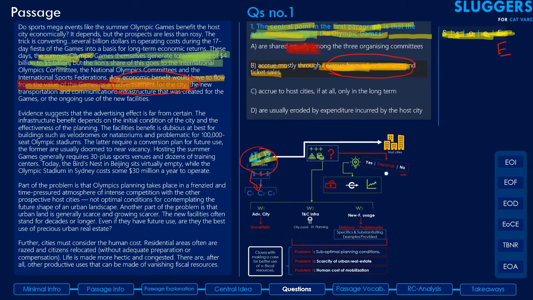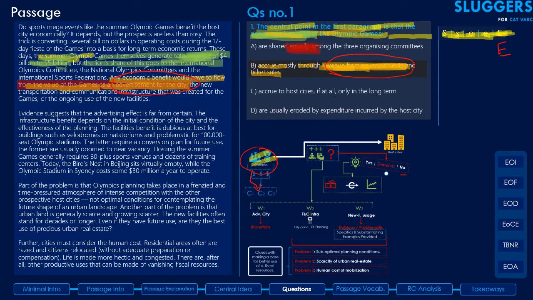Which might manifest into increased tourism revenues for the city in the upcoming years, right? So that's what advertisement for the city means. That is very different from revenue that is generated directly from the advertisements in the Olympic Games, right?